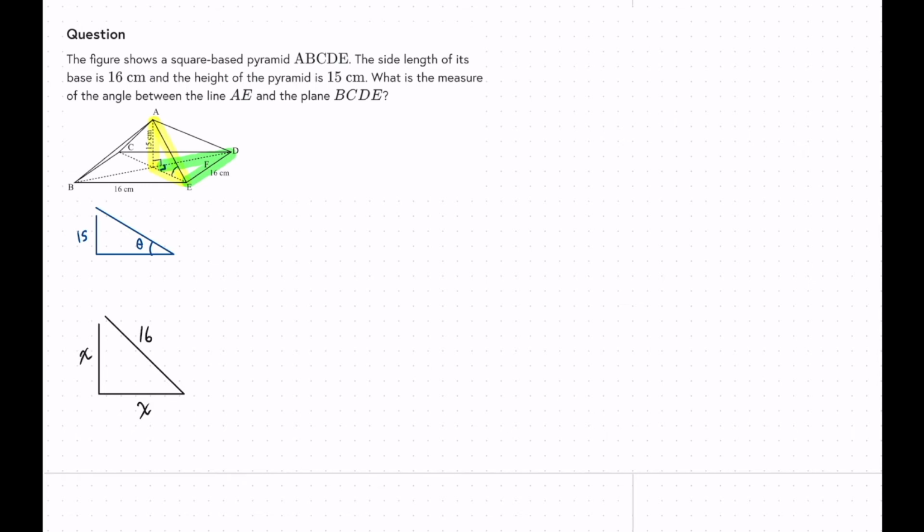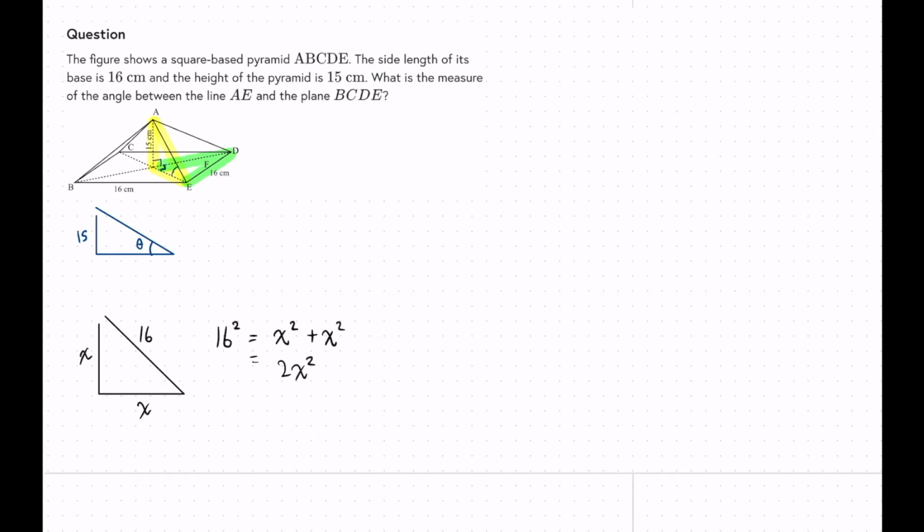What do I know? Well, because of Pythagoras' theorem, I know that the hypotenuse, 16 squared, is equal to the sum of the squares of the other two sides. So x squared plus x squared, which simplifies to 2 lots of x squared.